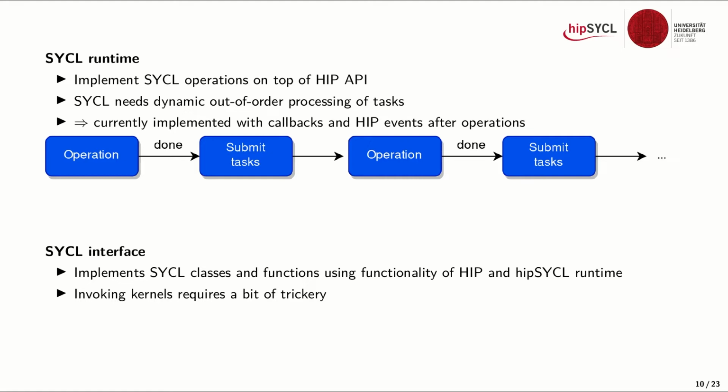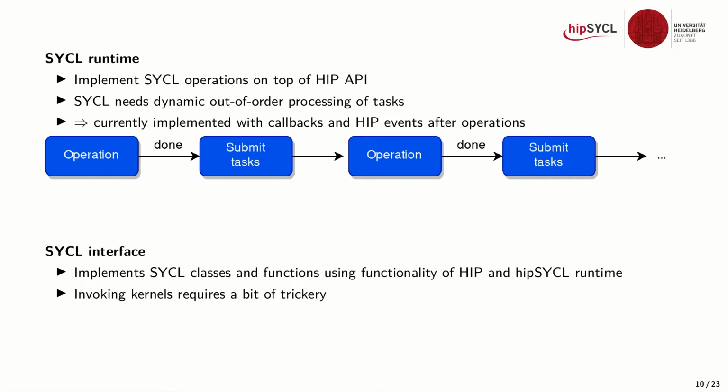So when an operation is completed, then the SYCL runtime will receive a signal and then will start to submit kernels that now have their dependencies fulfilled and can now execute. And this has some downsides, and I will talk about this later on.